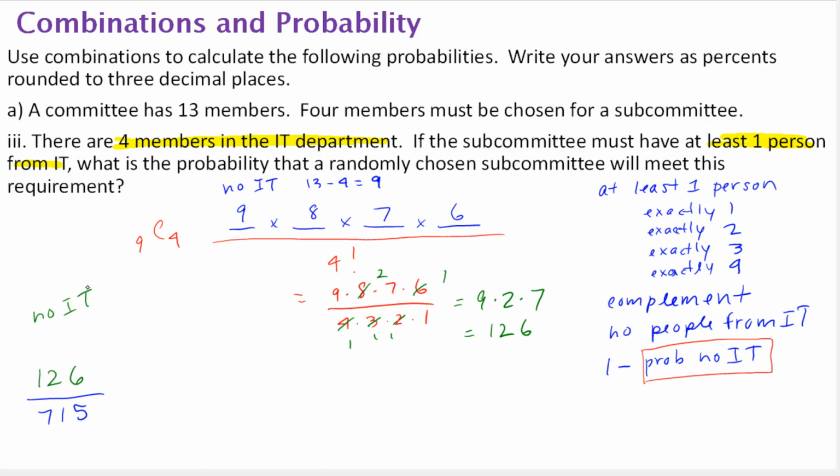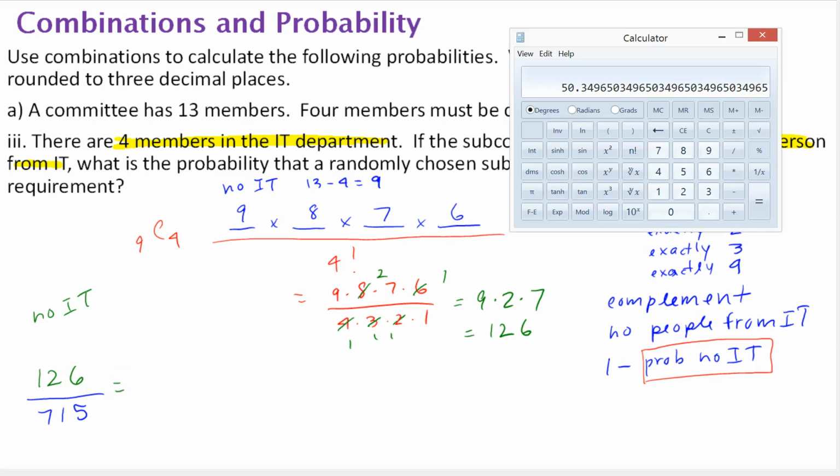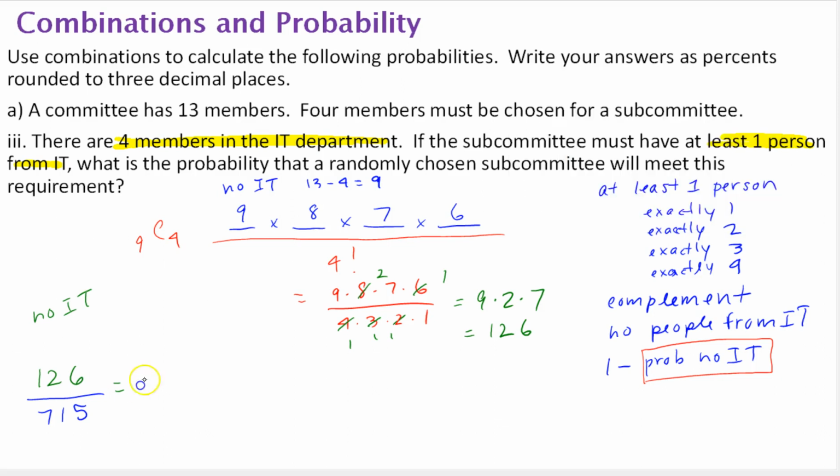Okay, so let's write this as a percent, and then we'll do the subtraction last. So 126 divided by 715 times 100 is 17.62%. So 17.62% of the committees have no one from IT on it.